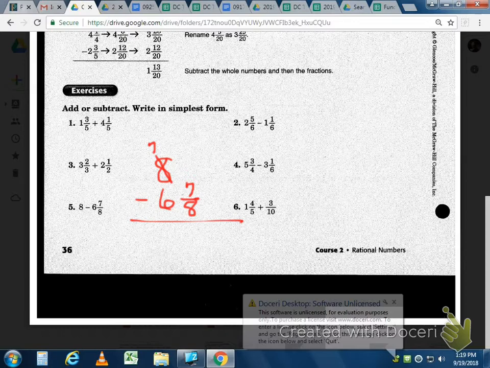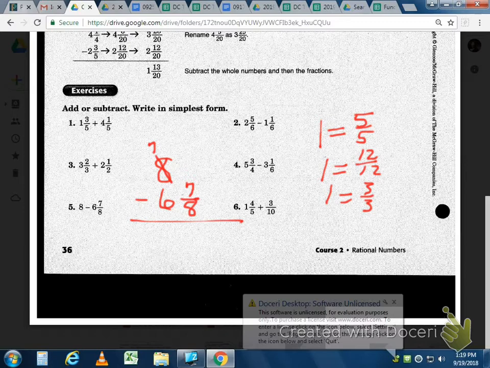Now let me go over here. Anytime you borrow a 1, it could be maybe 5/5. Or if you borrow a 1, it could be 12/12. Or if you borrow a 1, it could be 3/3. But Dylan, this time my 1 has to be what? 7? Does it have to be 7? No. Where are you getting 7?